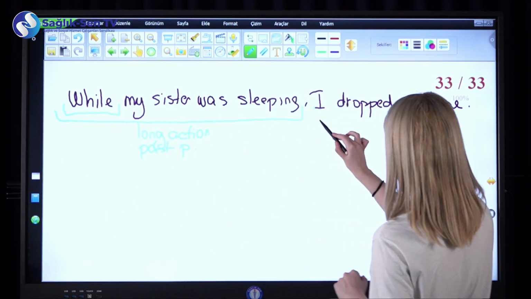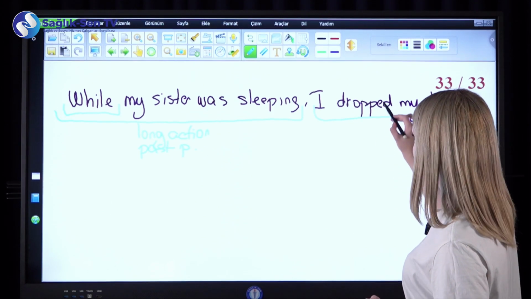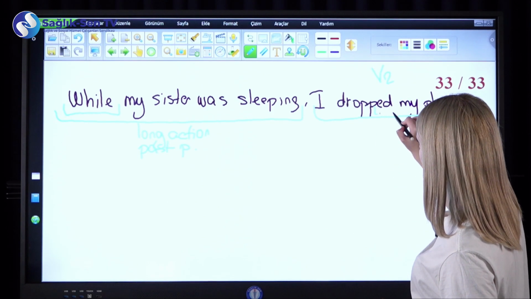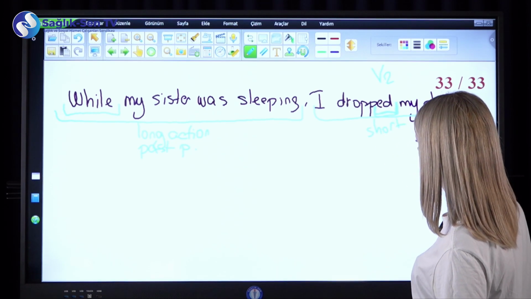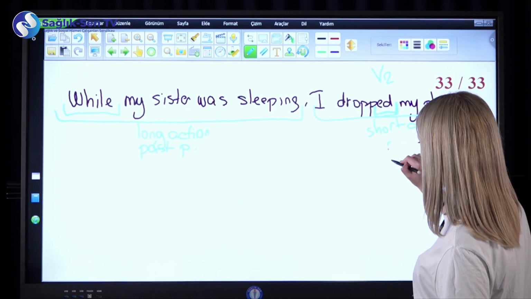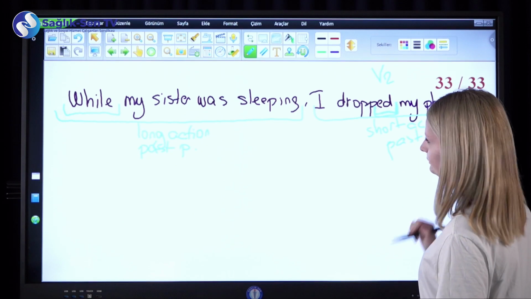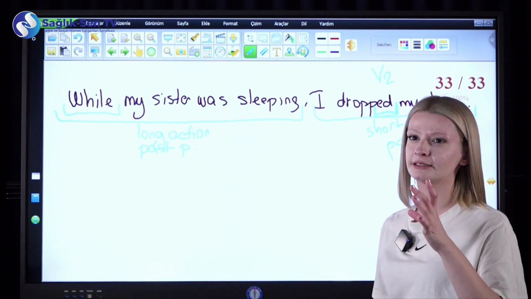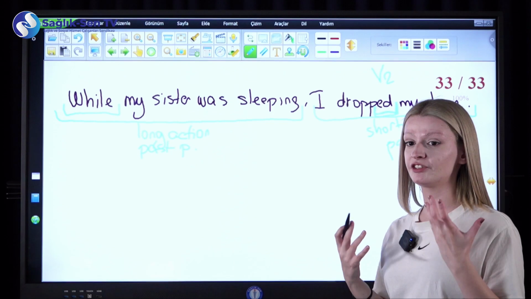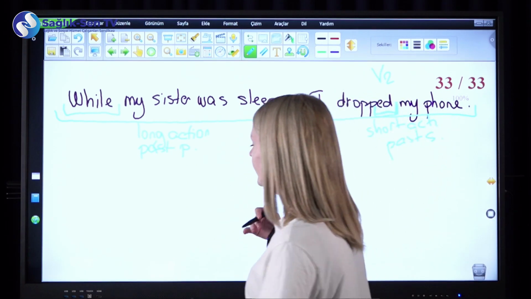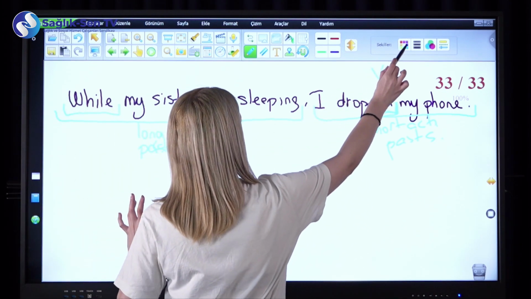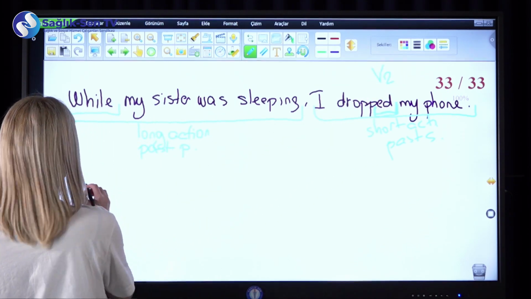Let's have a look at the second sentence. You can see that verb to is used here. So this is the short action we have. How else could I give the same meaning using these sentences? I could also write down this sentence like this.